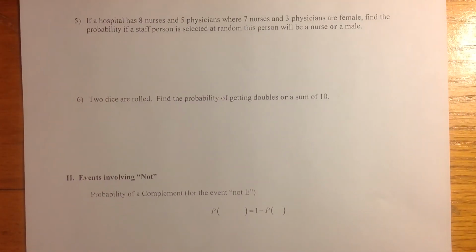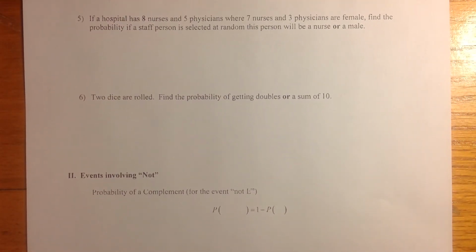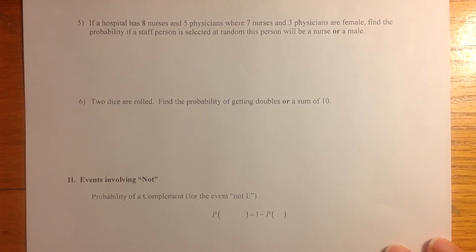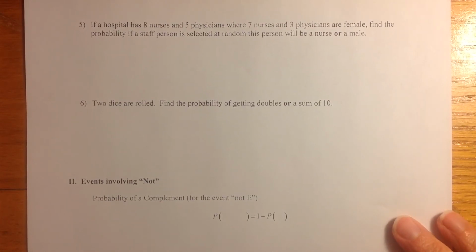All right, so a couple more here with the idea of or. How about if a hospital has 8 nurses and 5 physicians, where 7 nurses and 3 physicians are female, find the probability if a staff person is selected at random, this person will be a nurse or a male.